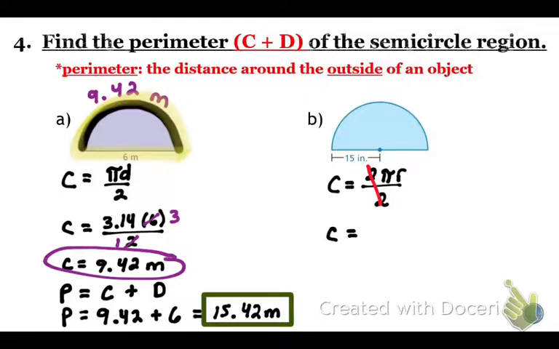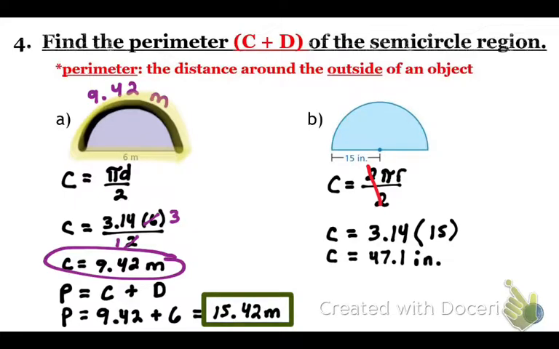Remind me again, guys, what is pi? 3.14. Maddie, what is my radius? 15. Luke, when you multiply those together, what do you get? All right, so we've got 47.1 inches.